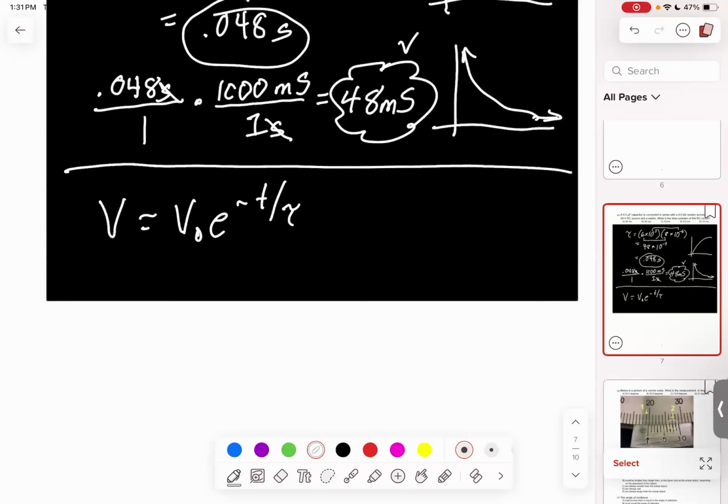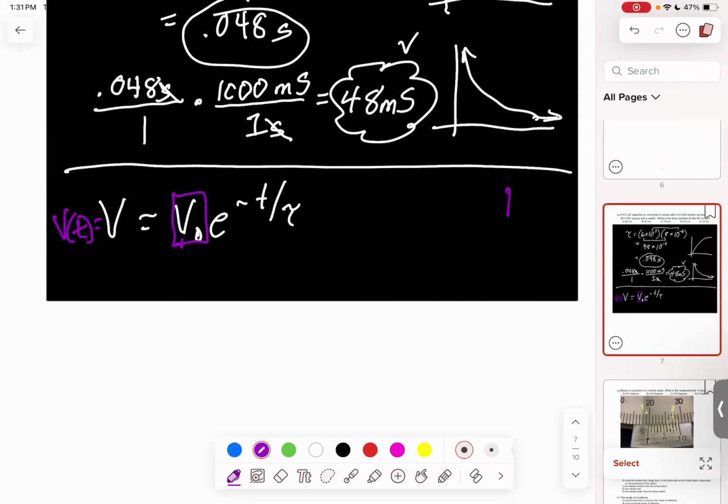This means that your voltage as a function of time, I could write V as a function of time, is going to charge at a rate such that this number right here is typically your max voltage output.